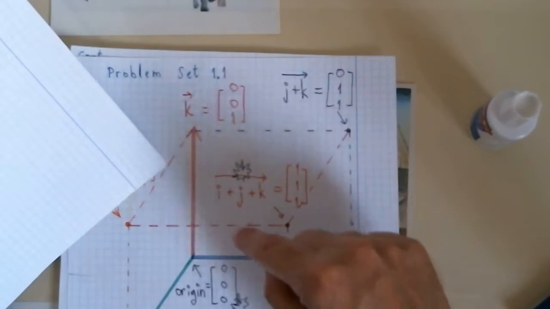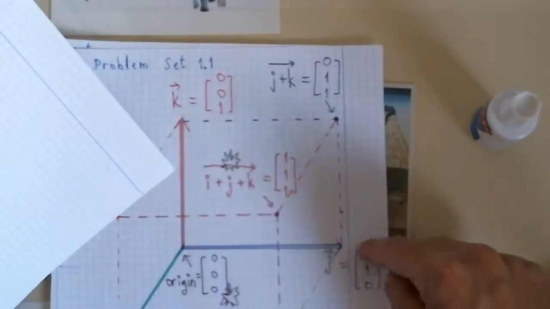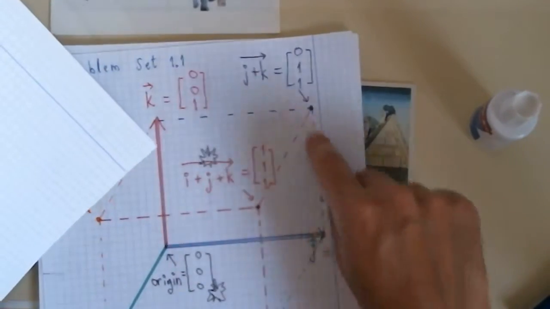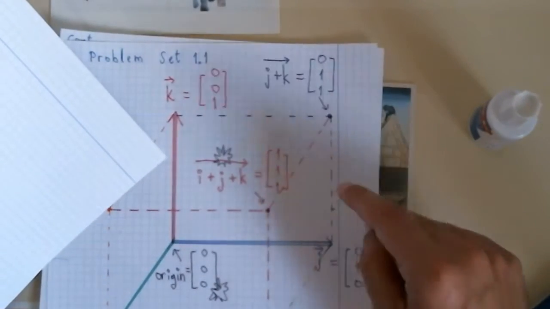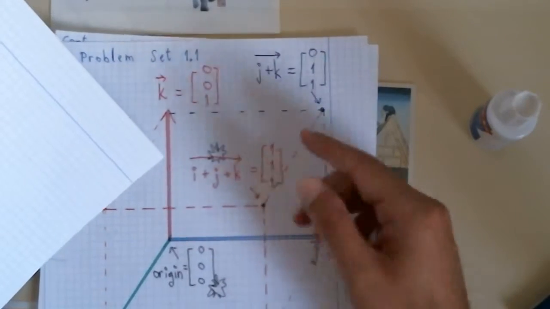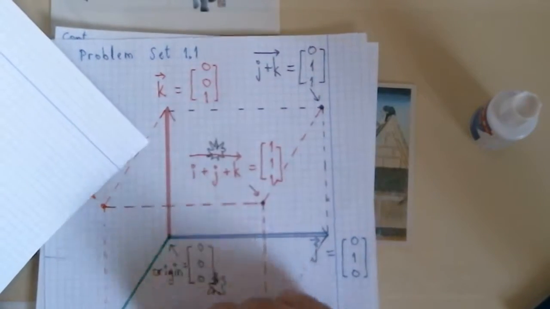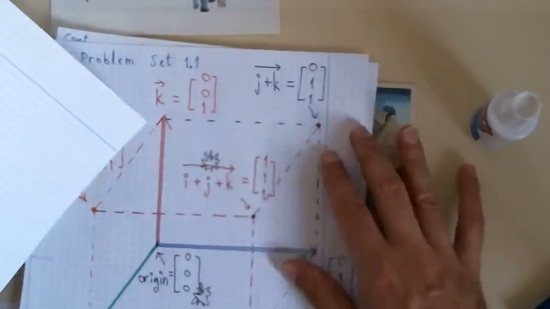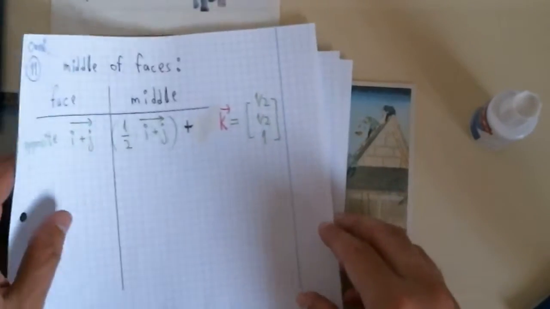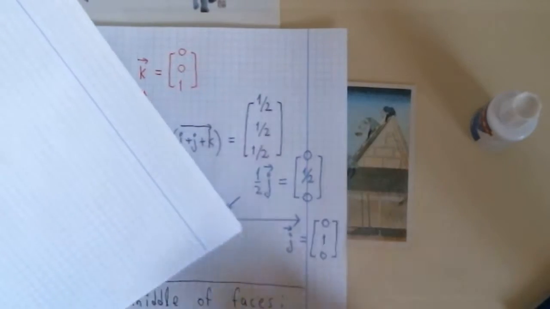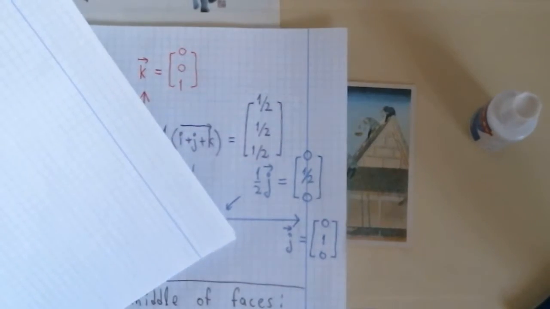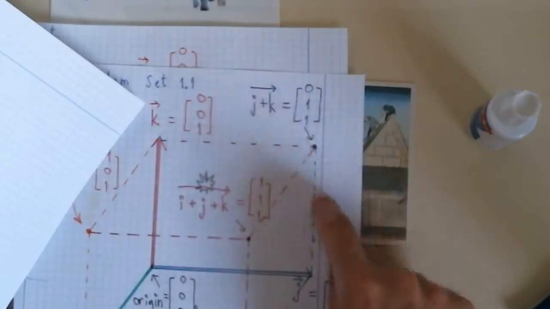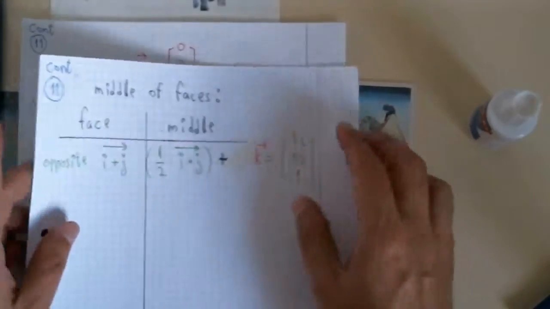It's j and k. So j and k gives us the face that is far away from us, and the opposite of it is the face that is close to us. Okay, this one. So let's write it down: j plus k, the one that is far away from us, the purple one.